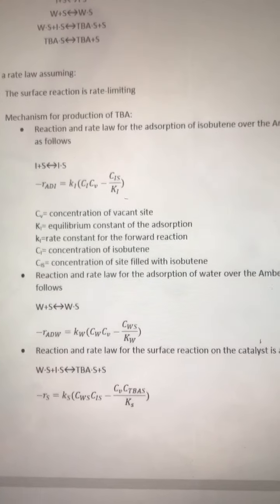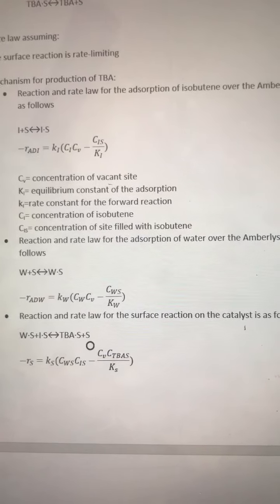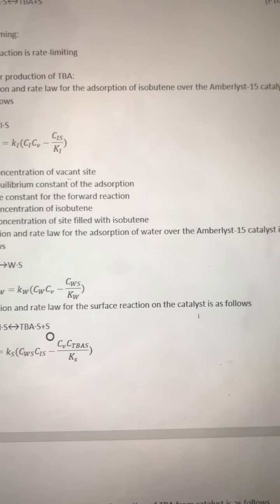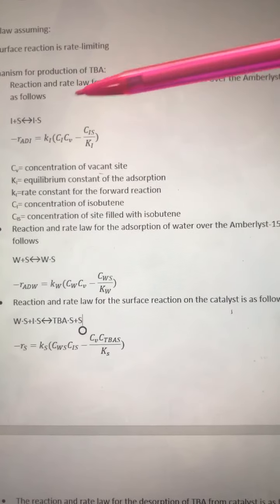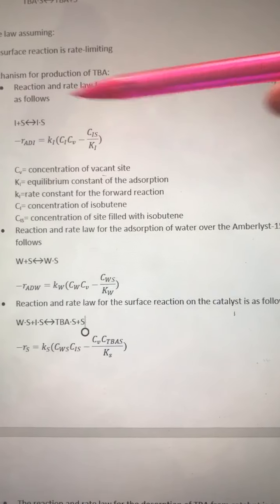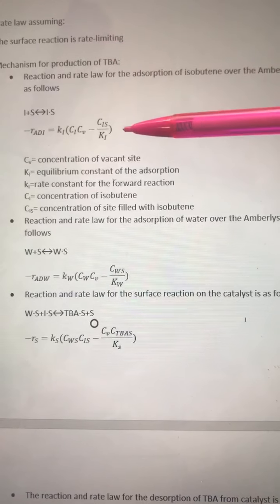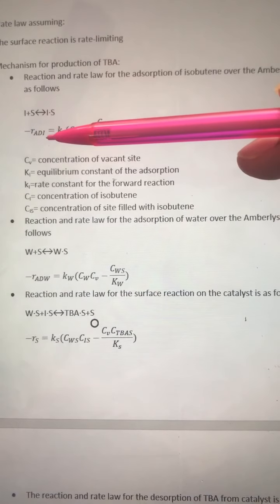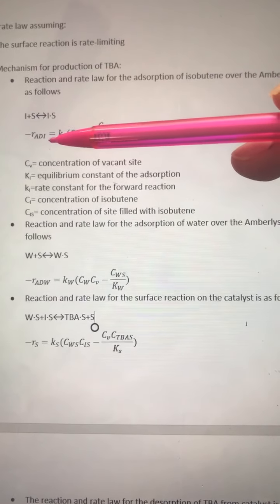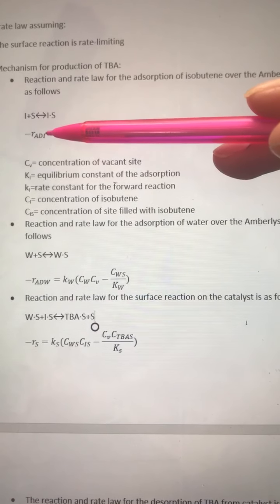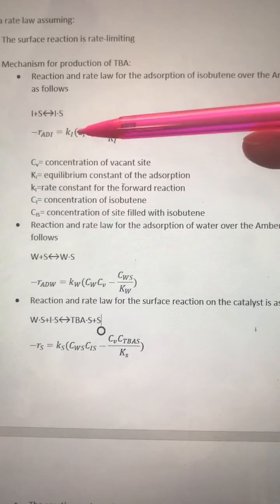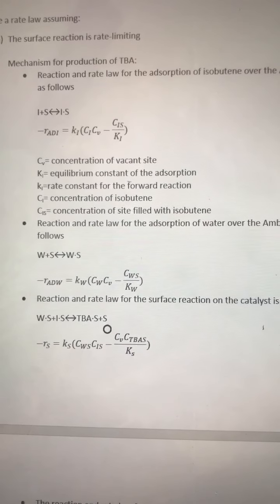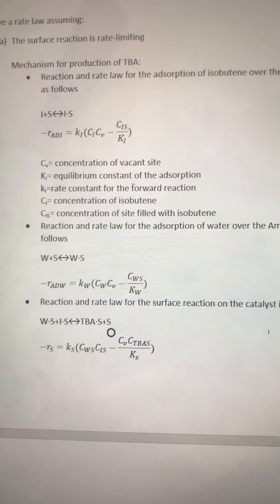part of the mechanism. So first, the reaction and rate law for adsorption of isobutene over the Amberlyst 15 catalyst is as follows, and you can see the first reaction in our mechanism, and then here's the rate law for that. So it's saying that the rate of disappearance of ADI, the adsorption of isobutene, equals little k_I, which is the rate constant for the forward reaction of isobutene.